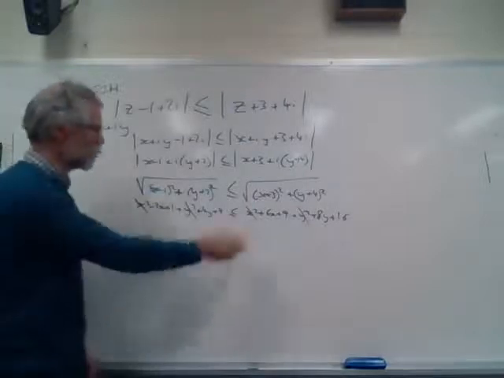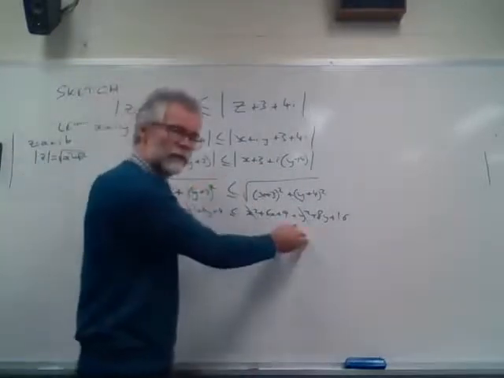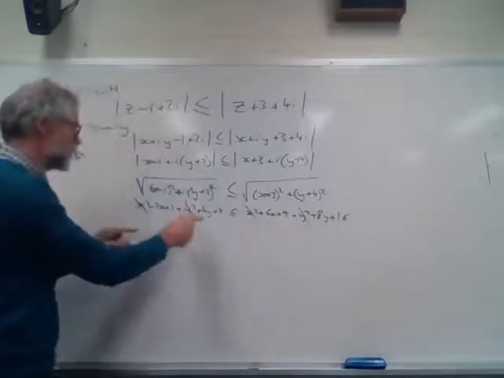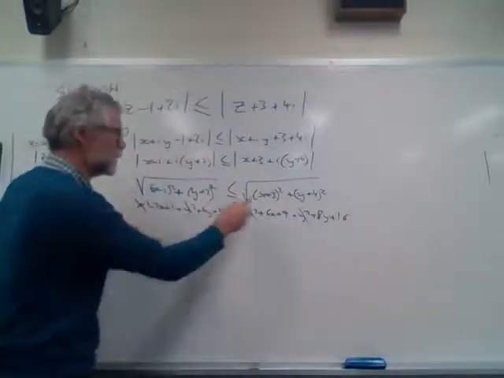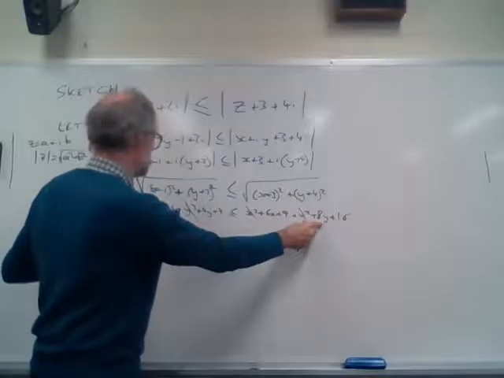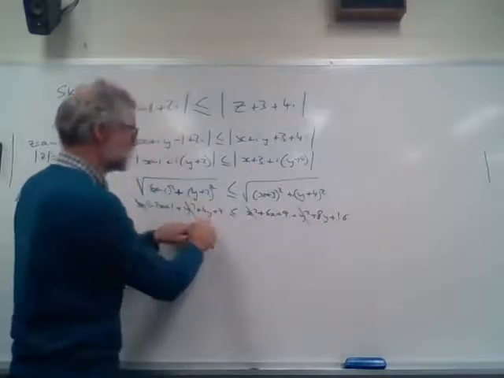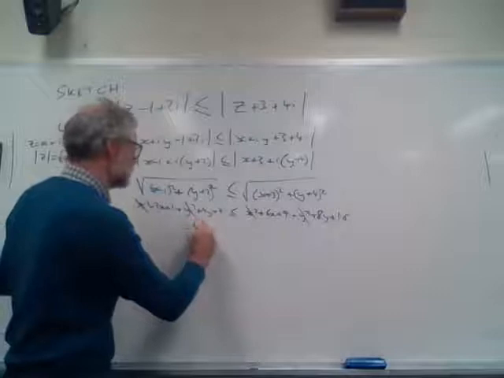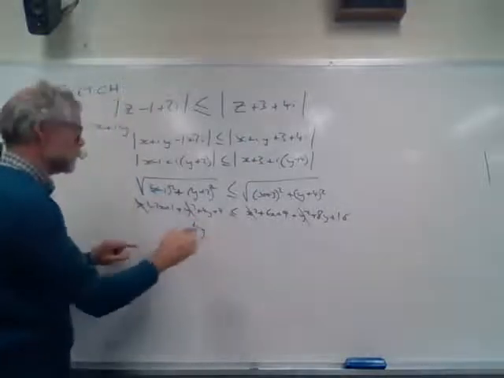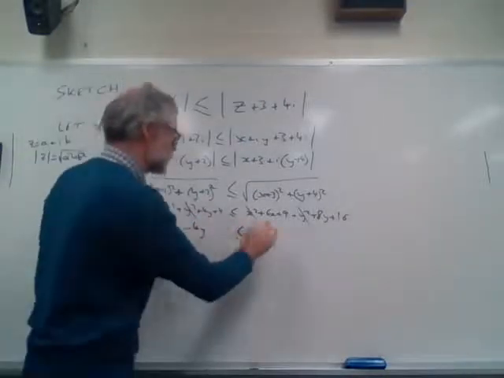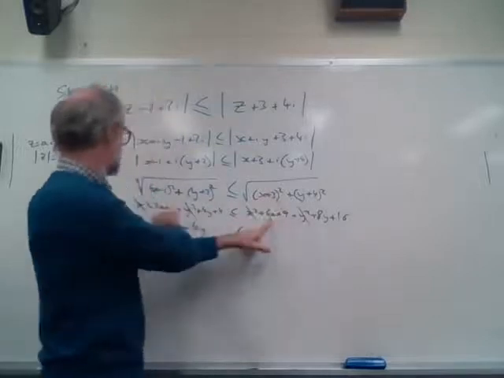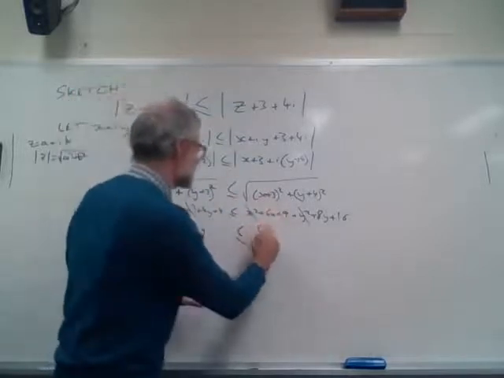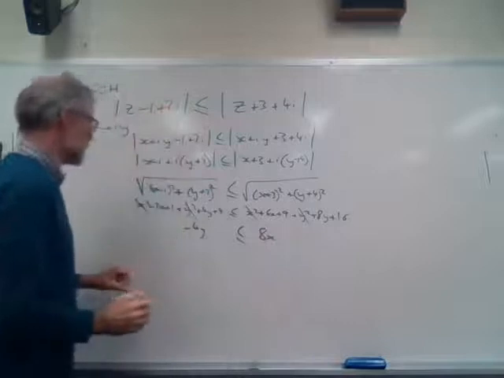I think I'll keep my y's on the left and put my x's on the right. So my y's on the left, I've got 4y here and 8y. 4y take away 8y will give me minus 4y. Put my x's on the other side. I've got 6x minus 2x, that's going to give me 8x. Now the numbers.